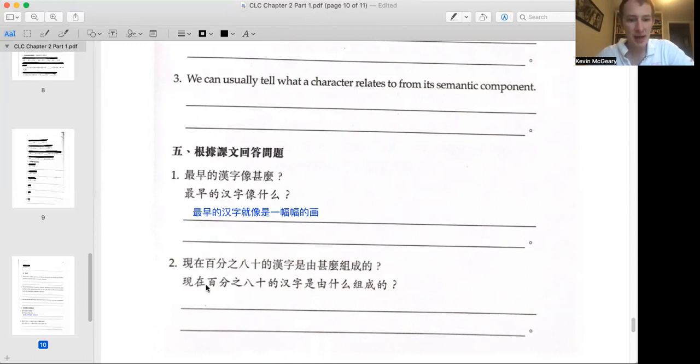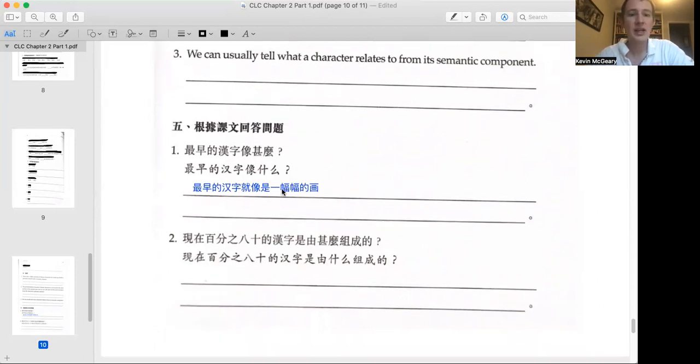现在80%的汉字是由什么组成的? So nowadays, 80% of characters are made up of what?